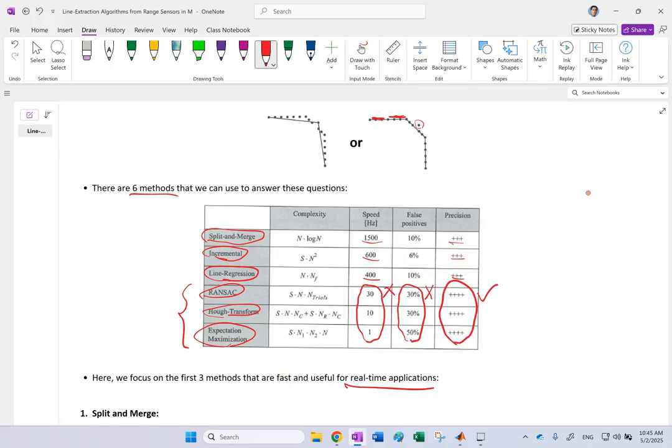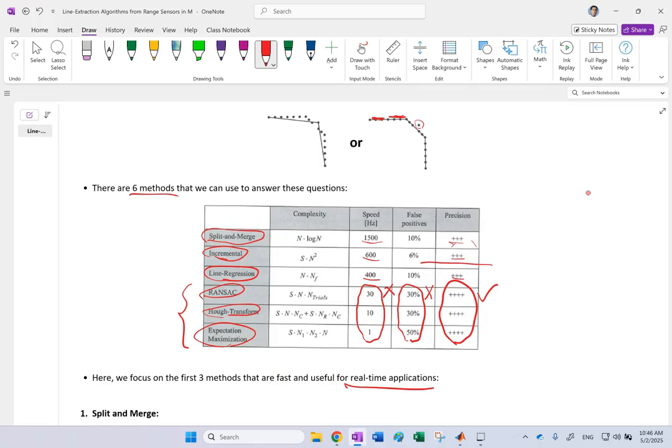So you want it to be fast, with fewer false positives, and more precise. Of course, you cannot have fast and precise both go up at the same time. It's always a trade-off. So for real-time applications, we want the ones that are very fast, don't produce a lot of false positives, and whose precision is not too bad.